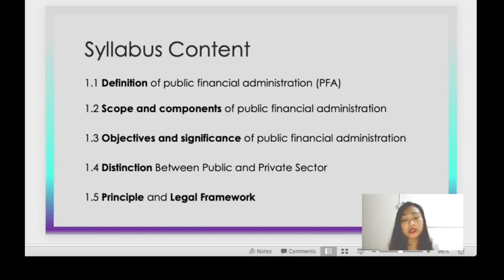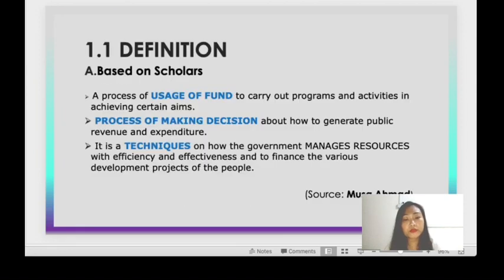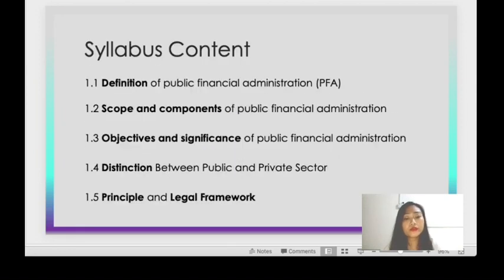Point 1.3, we are going to talk about the objectives and significance of public financial administration. Point 1.4, the distinction between public and private sector. The distinction means the differences, okay, between these two. And then point 1.5 is about principle and legal framework. Okay, point 1.5 is quite technical, so let's see what we can do about it.